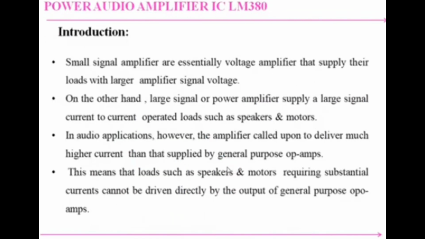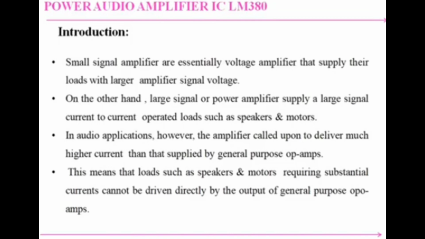Introduction. The small signal amplifiers are voltage amplifiers that supply their loads with large amplifier signal voltage. On the other hand, large signal or power amplifiers supply a large signal current to current operated loads such as speakers and motors.